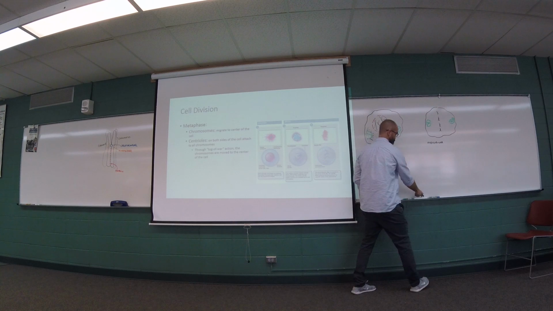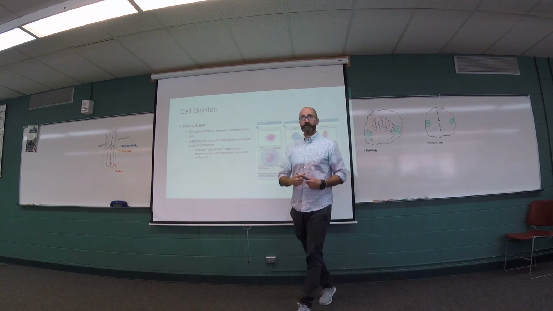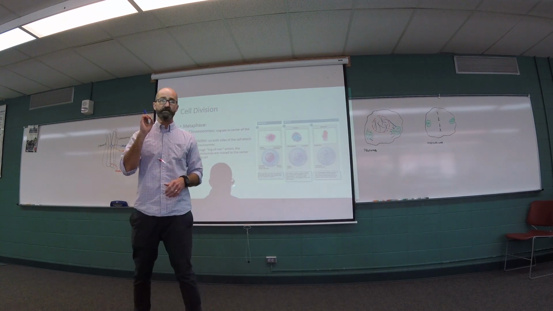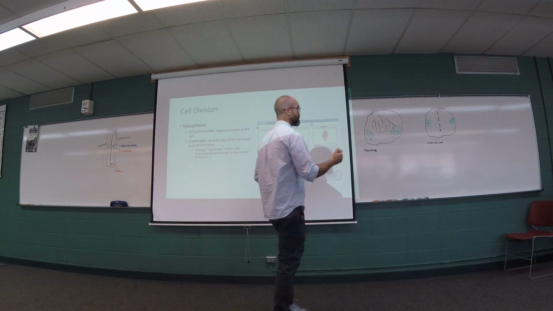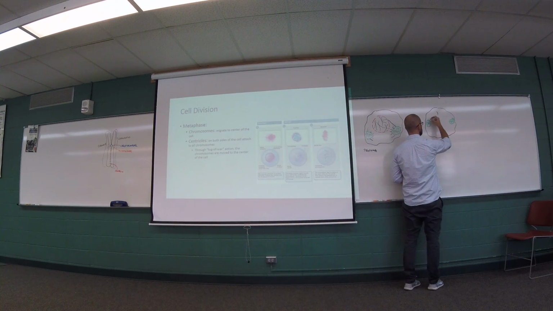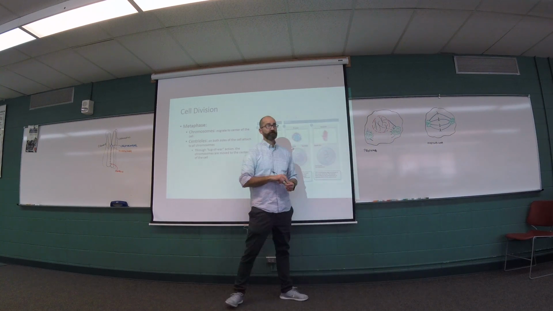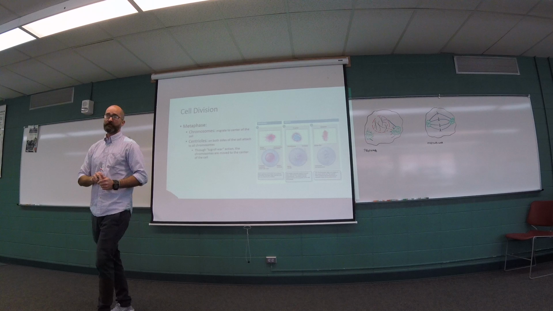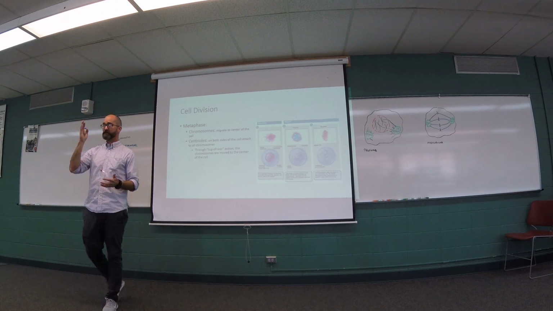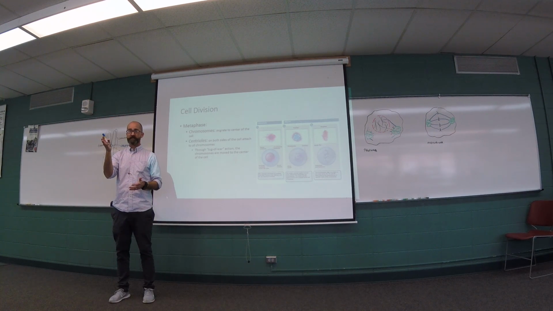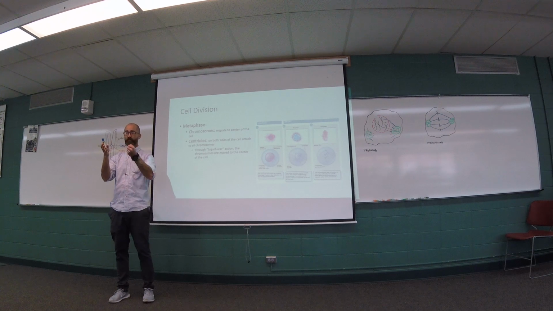Now, those two different colored microtubules have two different destinies or two different functions. The blue ones actually grow out and attach to the chromosomes like this. And you're going to get each centriole attached to each chromosome. What's interesting though is as soon as one of those microtubules attaches, it starts pulling it towards its centriole.